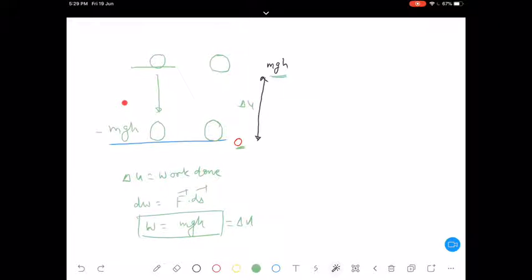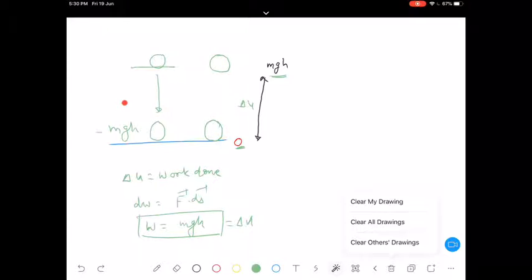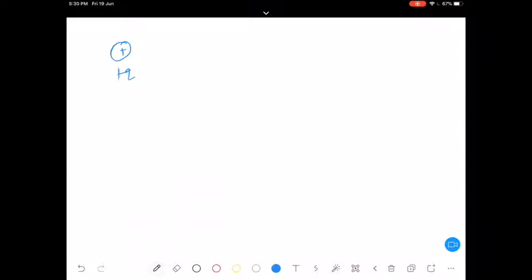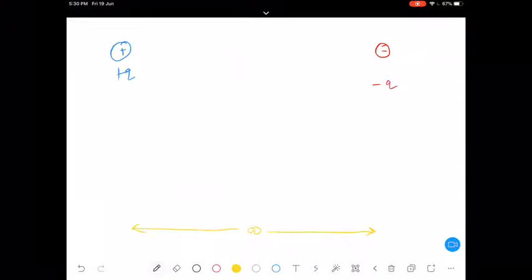Now I'll talk about electrostatic potential. Here I'll start with the charged particles. If I take this positive charge plus q, and there is this negative charge minus q, separated by a distance of, let's say, infinity, the force will be 0.